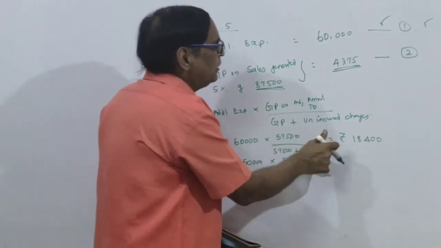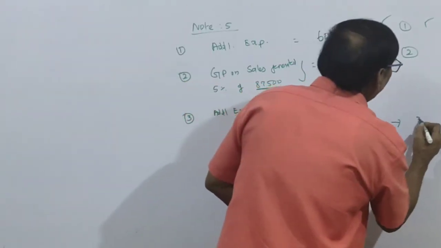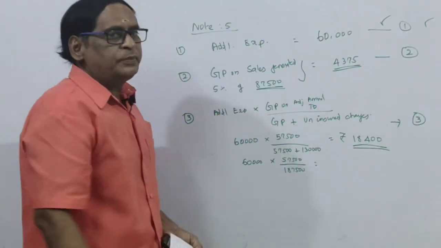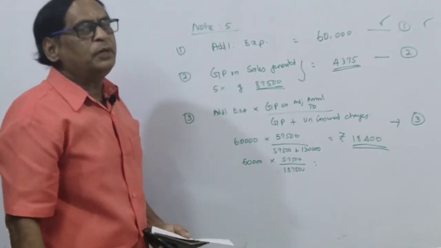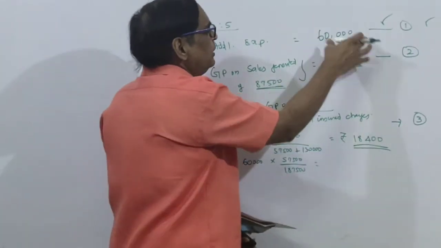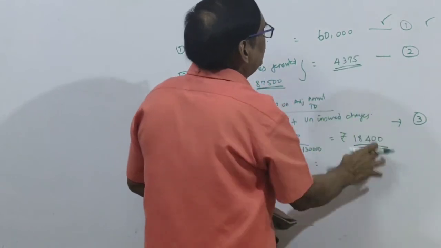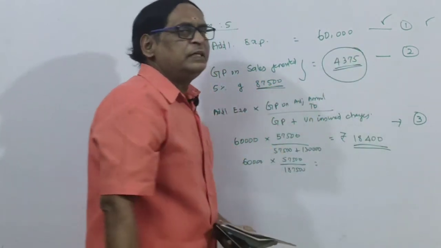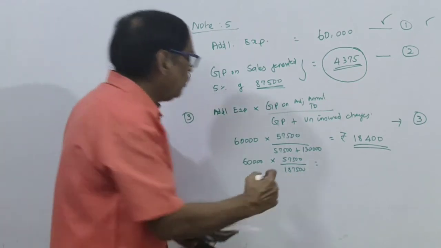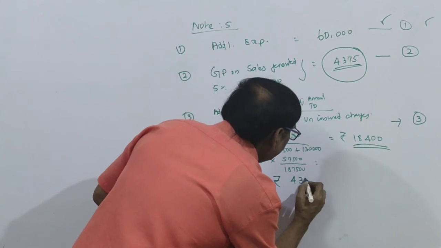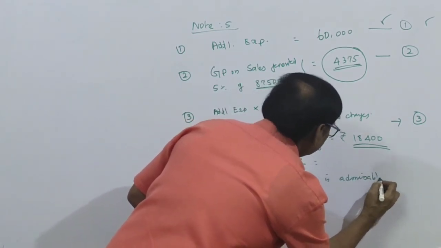If we minimize this, the figure will be 18,400. This is the third step. In the 3 steps, whichever is the minimum, the least, will be admissible by the insurance company. So 60,000, 4,375 and 18,400. Out of the 3, 4,375 is the least, so it is admissible by the insurance company.